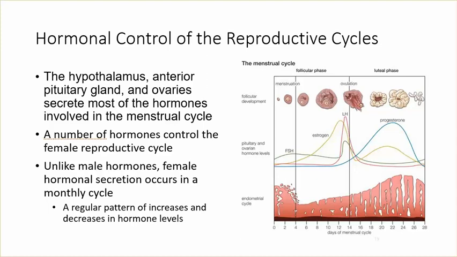Ovulation, if it happens at day 14, happens, and then the endometrium moves into the secretory phase until the estrogen and progesterone levels drop, in which case then we start the menstrual phase again at day 28. Now, these days are just averages. Don't worry about it, they vary with individuals.